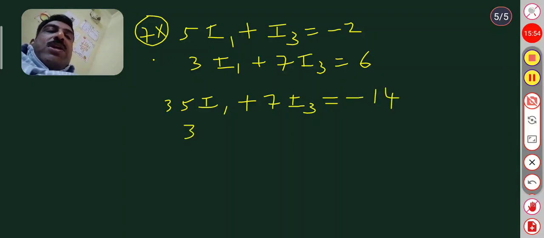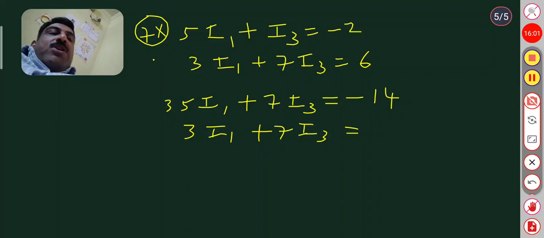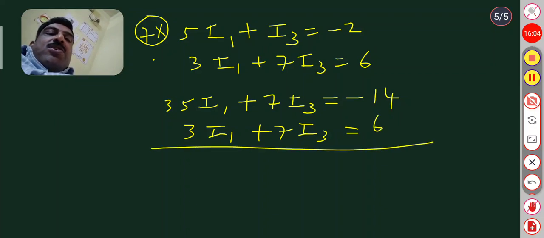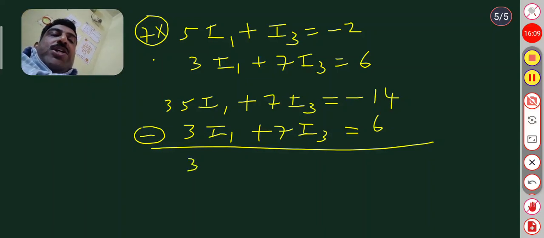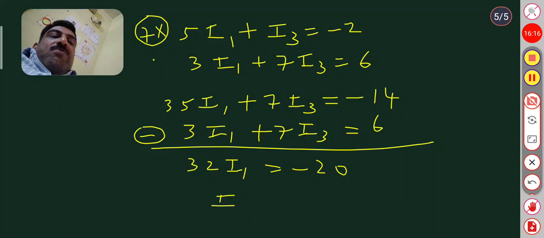And the second equation is 3I1 plus 7I3 is equal to 6. So when you subtract these two equations, you will get 32I1 is equal to minus 20, which gives you the final solution: I1 is equal to minus 5 by 8 ampere.